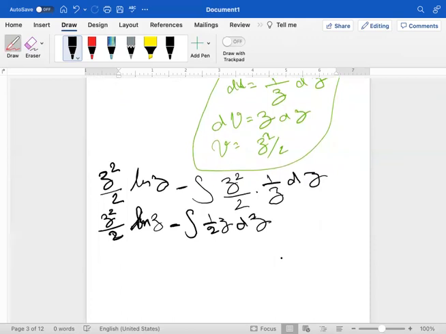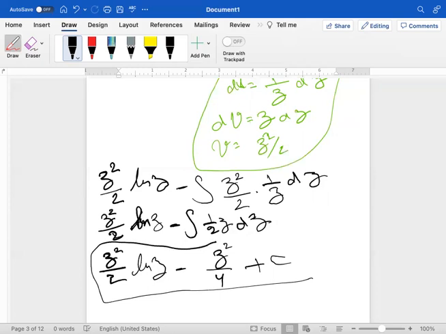Okay, and this would become z squared over 2 natural log of z minus z squared divided by 2, and I already have 1/2, so this becomes 4, plus c. Okay, that's the final answer.